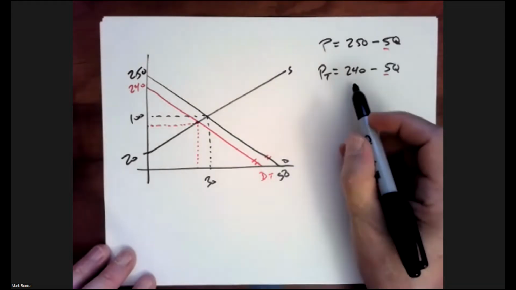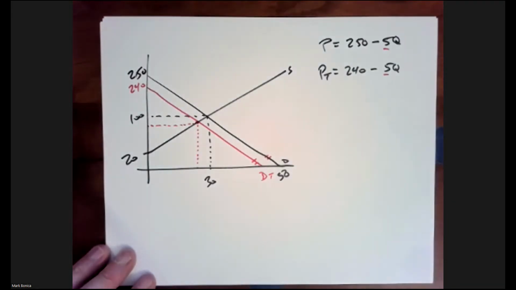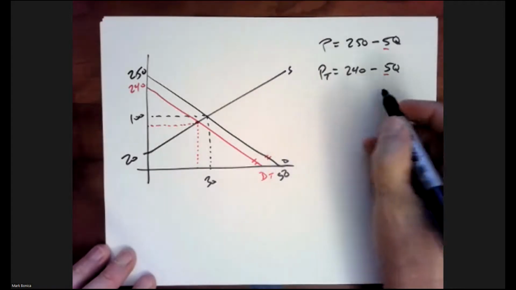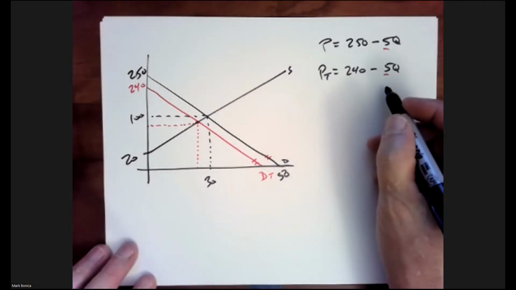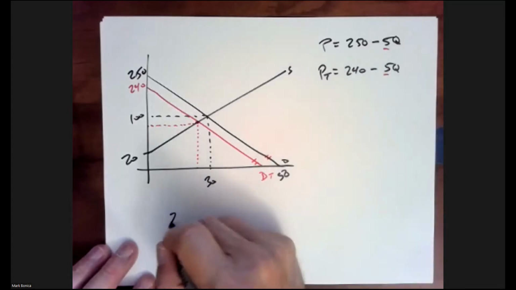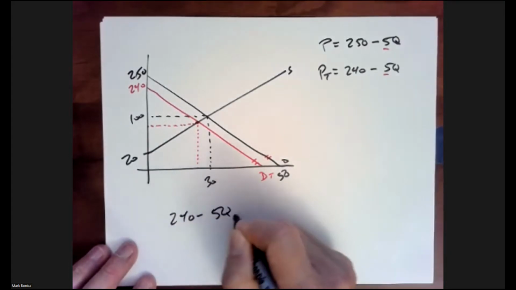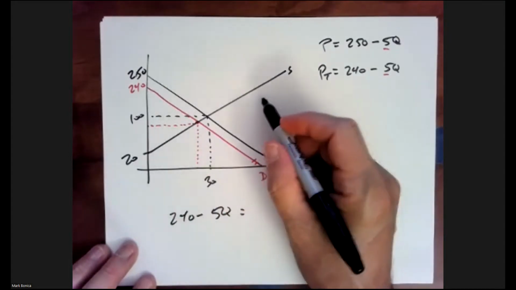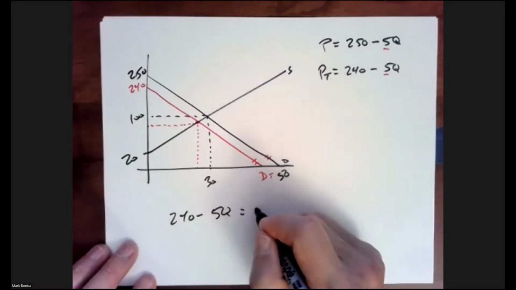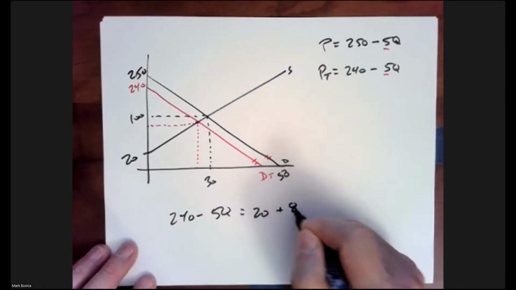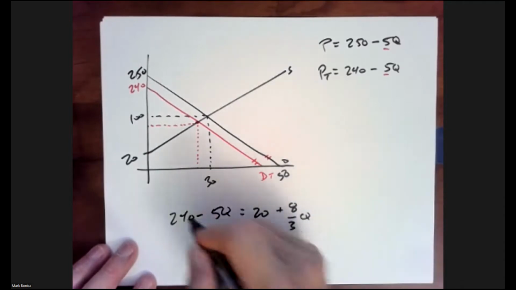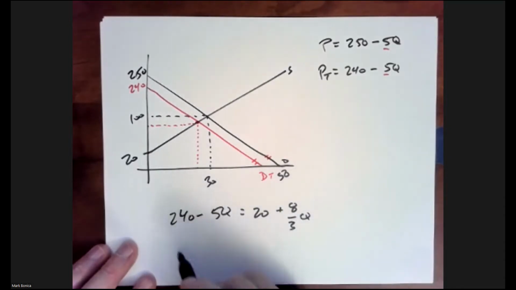So in order to get the new quantity, we'll start with the new taxed demand curve, 240 minus 5Q, and set it equal to Morgana's original supply curve, which is 20 plus 8/3 Q.